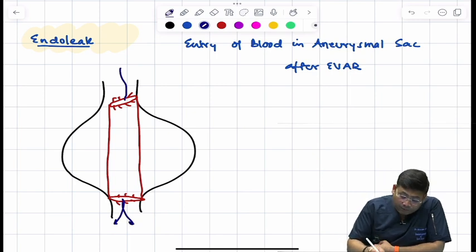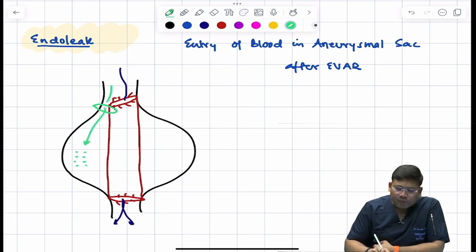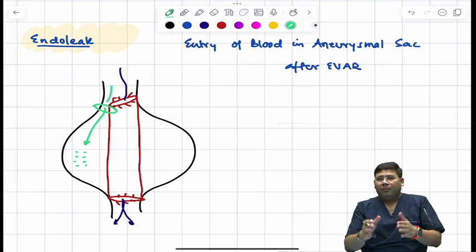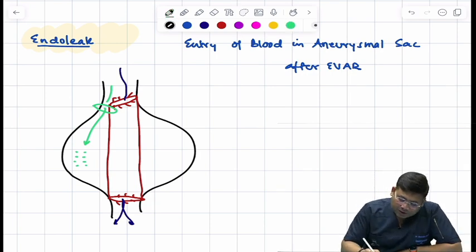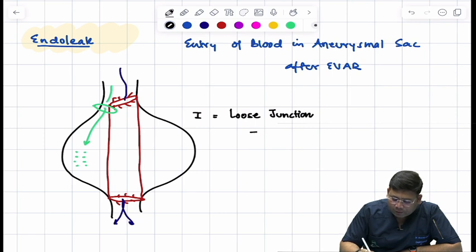But can you see you have left a defect here, and the blood enters the aneurysmal sac, and this is where you have persistent blood flow entering. So this is a type 1 endoleak, which is due to loose junctions. The loose junction endoleaks are type 1. It is type 1A if it is above, and type 1B if it is the below loose junction.